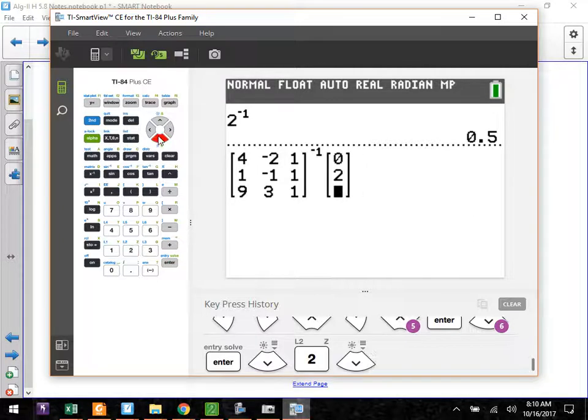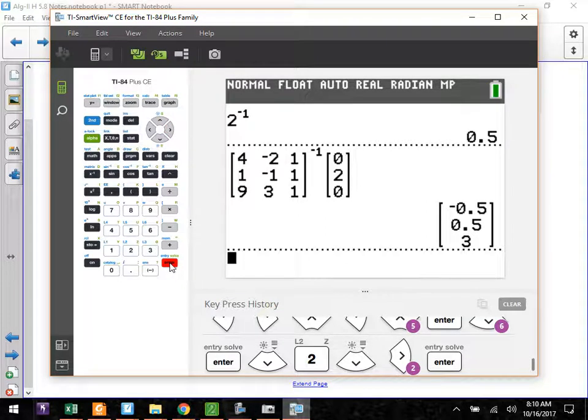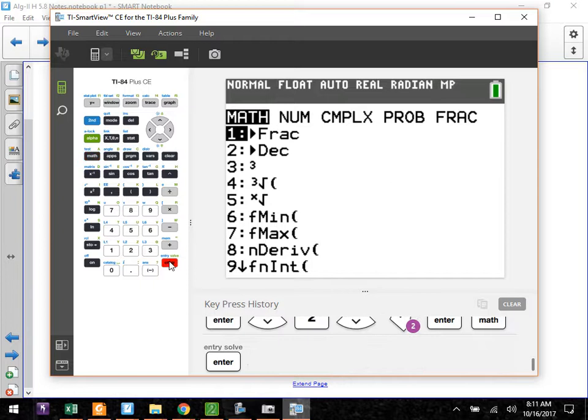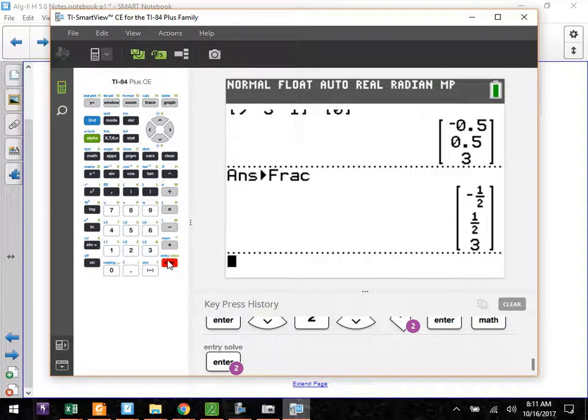Now, with any luck, if you hit enter, those answers are now your A, B, and C. Hey, now watch this. Math, enter, enter. Whoa. It'll switch it over to fractions for you.